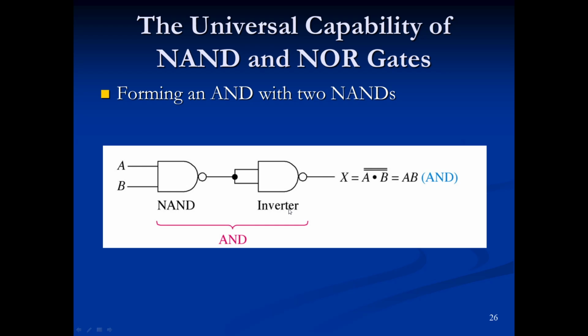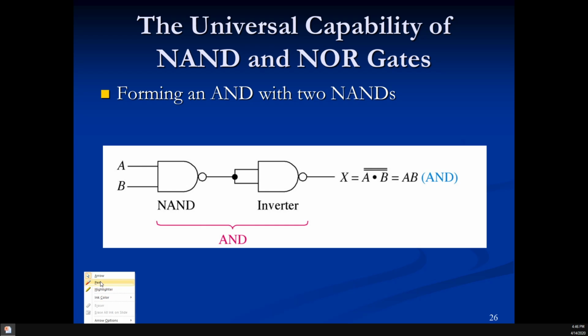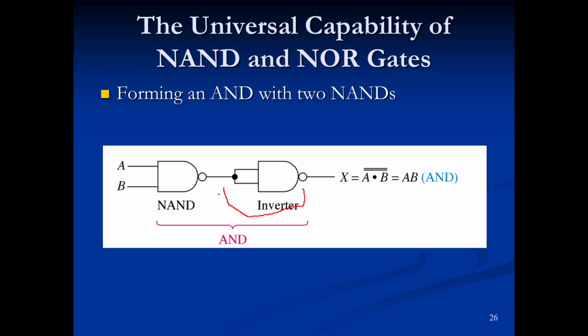We can then form an AND, let's say, with two NANDs, because if we take the same concept that we did before, where we know that if the input to a NAND gate is the same, if we tie the inputs together, we make an inverter. Well, all we do is create an inverter to re-invert, or cancel out the effect of this bubble here on the NAND gate.